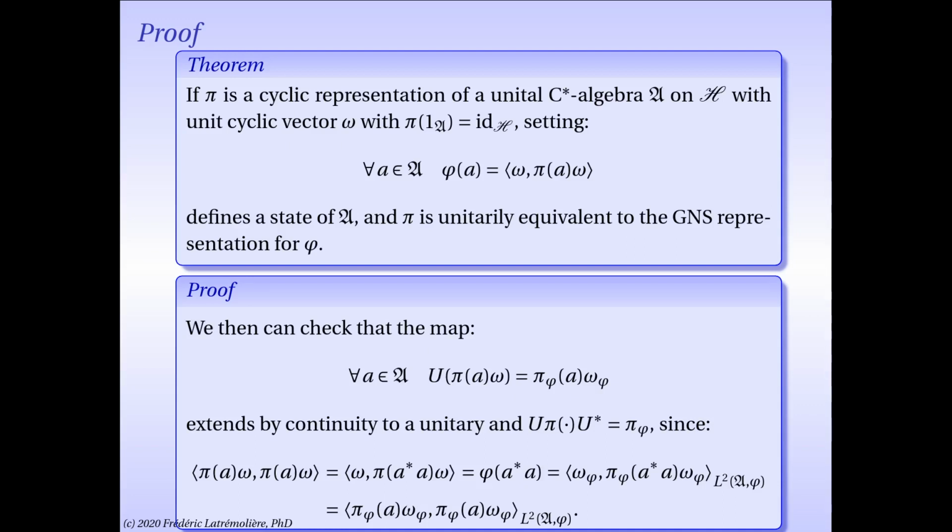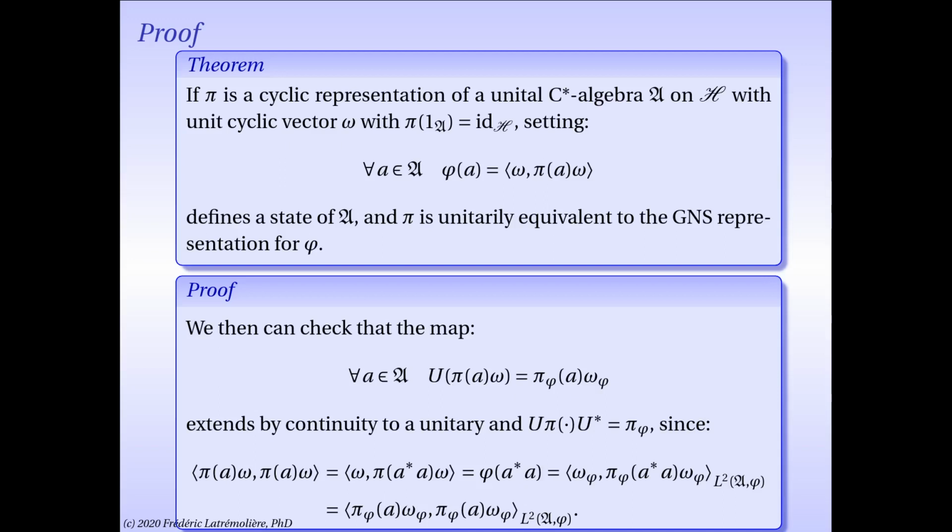So take an element A in your system algebra. You can apply pi sub phi at A to the cyclic vector of the GNS representation, which gives you some vector in the Hilbert space L2 of phi. Or you can apply pi of A to the cyclic vector omega. And what I want is simply that basically my unitary that I'm looking for maps one to the other, as stated here.